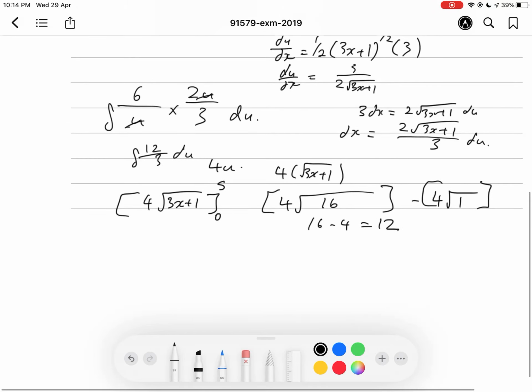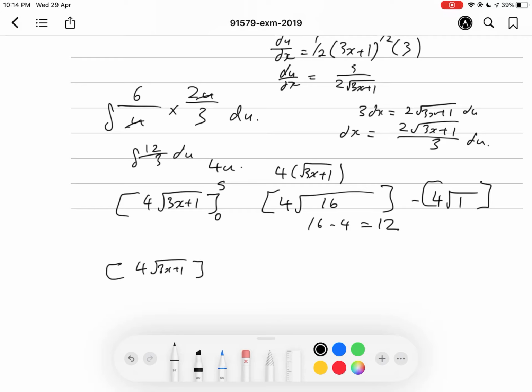Right, so for B, it's between 16 and 5, so we can find the definite integral between x equals 16 and x equals 5. So that equals 4 root of 16 times 3 is 48, plus 1 is 49, minus 4 root of substitute 5, which is 4 root 16.